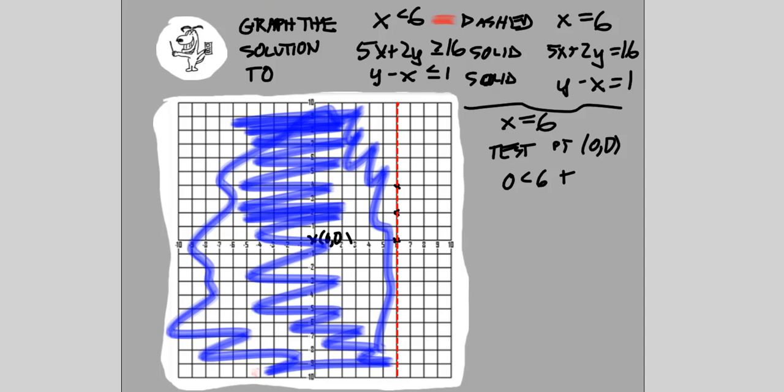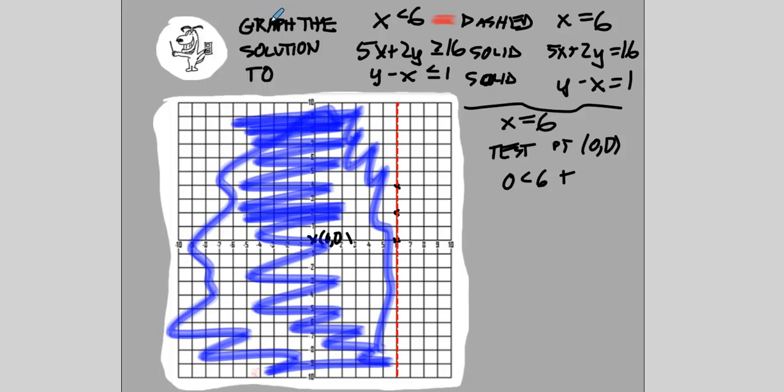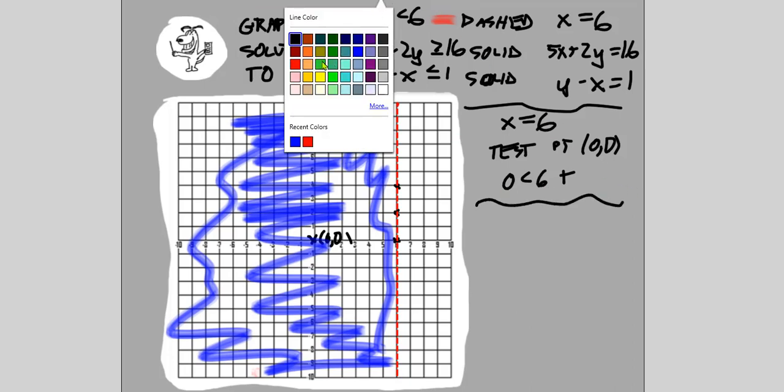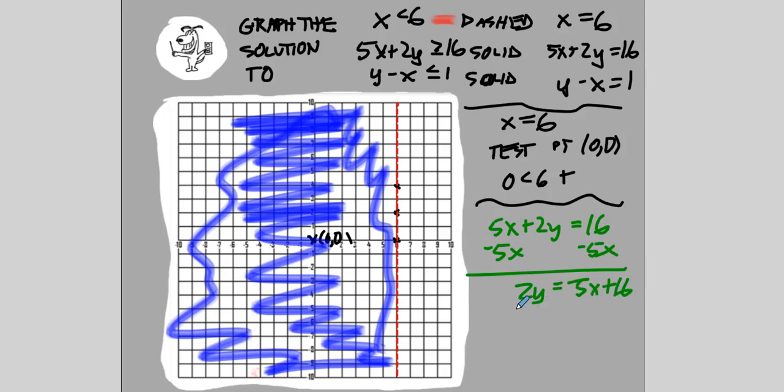Alright, so then the second inequality. We have 5x plus 2y equals 16. Solving for y, I first have to subtract 5x from both sides. So I get 2y is negative 5x plus 16. Now I'd have to divide everything by 2.